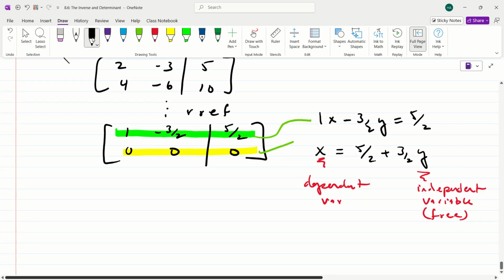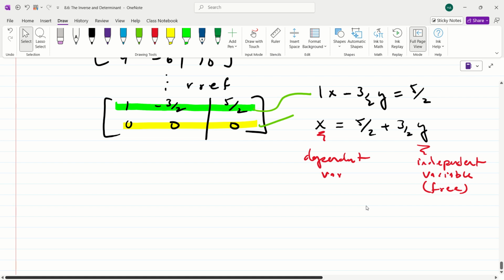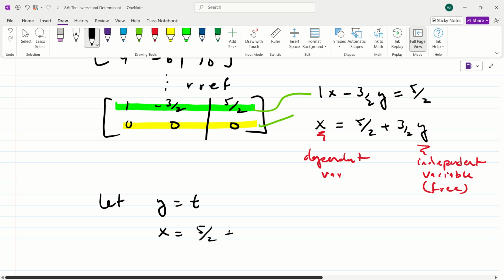Sometimes for different problems, it's convenient to take all of my independent variables and write them in terms of another variable like a t, an s, or a w. And that's what we'll do here. I'm going to say let y be equal to t. And the value of x is equal to 5 halves plus 3 halves times y, but we said that we're replacing the y with t.